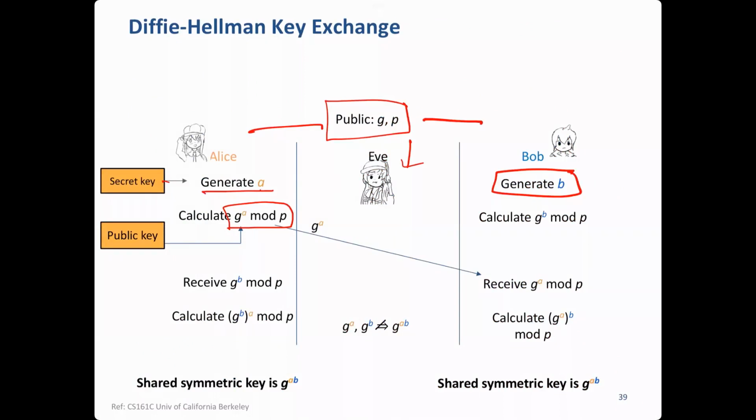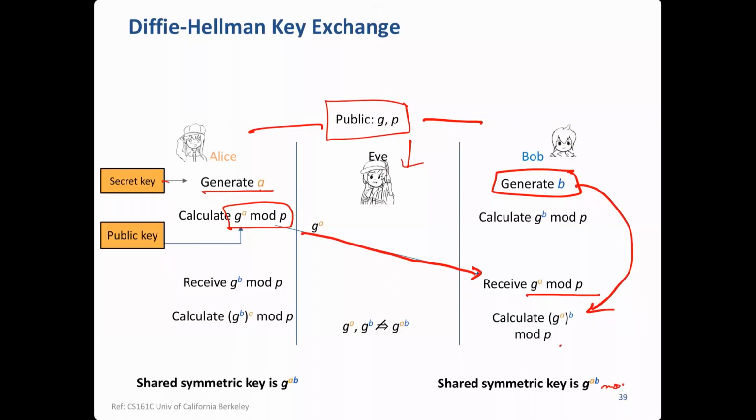Alice calculates G^A mod P and sends this number to Bob. Bob receives G^A mod P and uses his own private key, calculating (G^A)^B mod P, which becomes G^AB mod P.